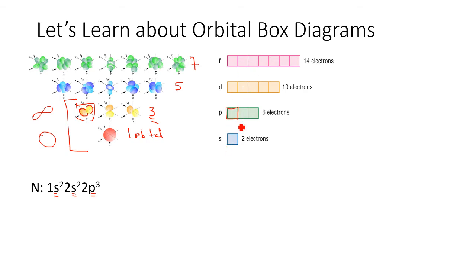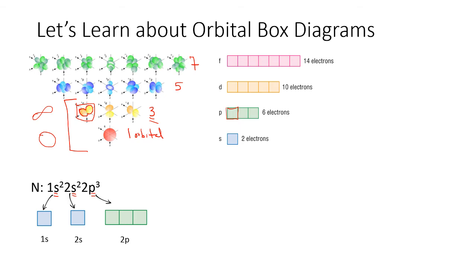So these are the box configurations I could show, and now I need to show a box for 1s. So any s gets the 1 box. So 1s and 2s get boxes like that. And then if I want to draw a p subshell, I need a set of 3 boxes. So I'm just borrowing from the s, p, d, and f box pictures up there and making this electron configuration.